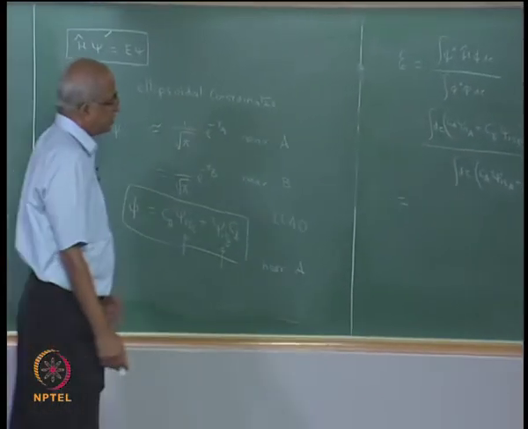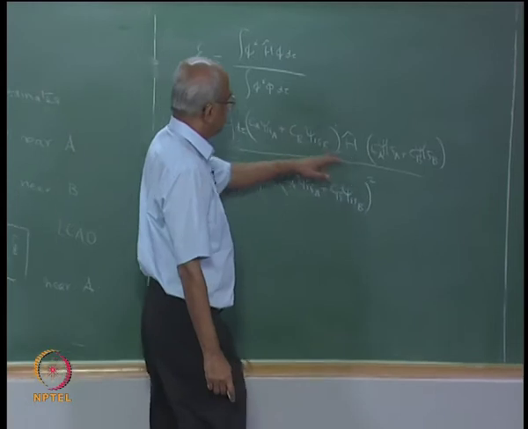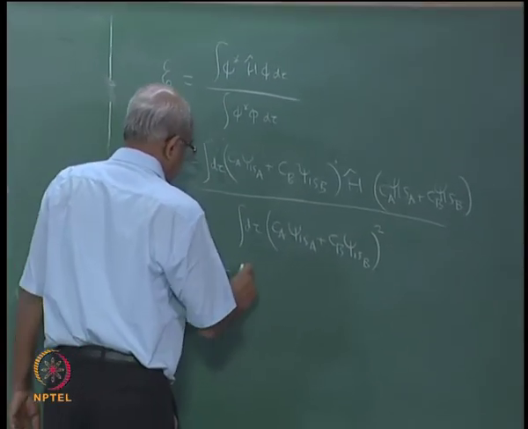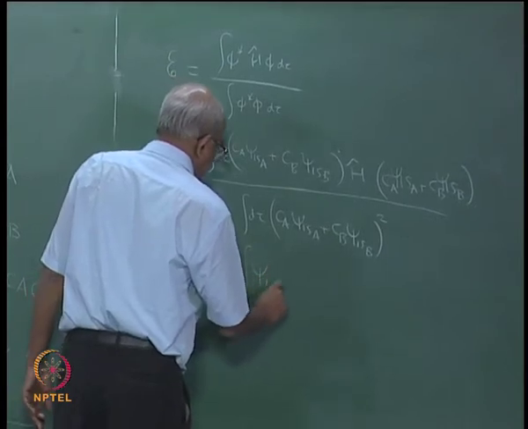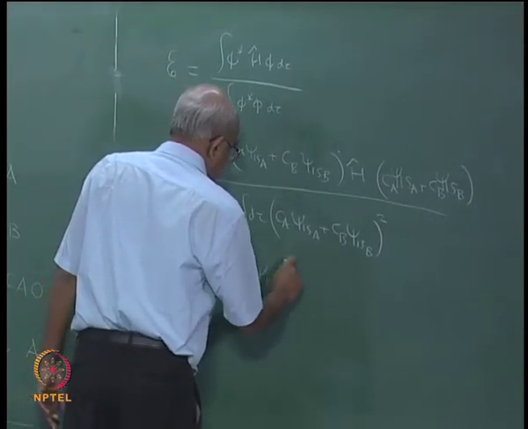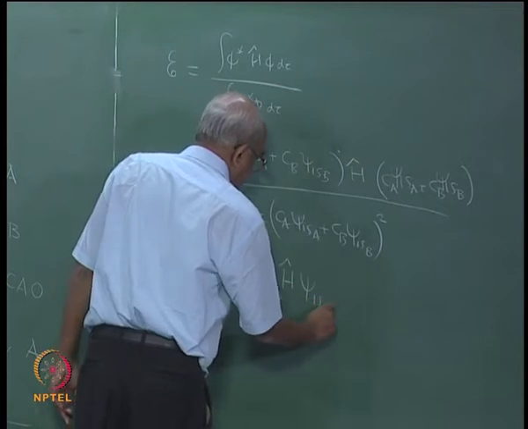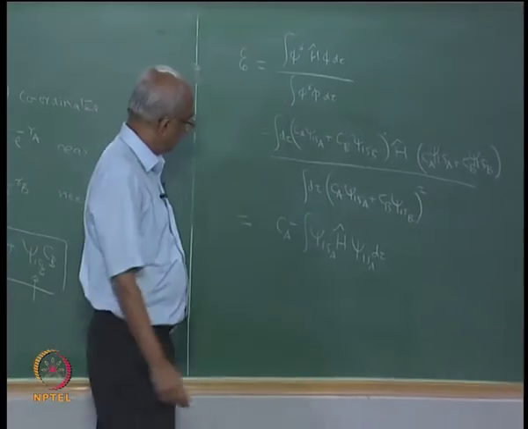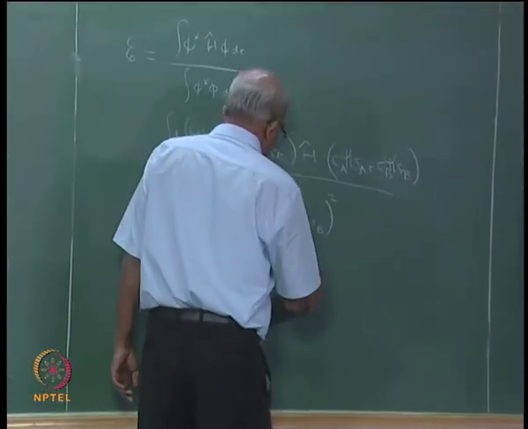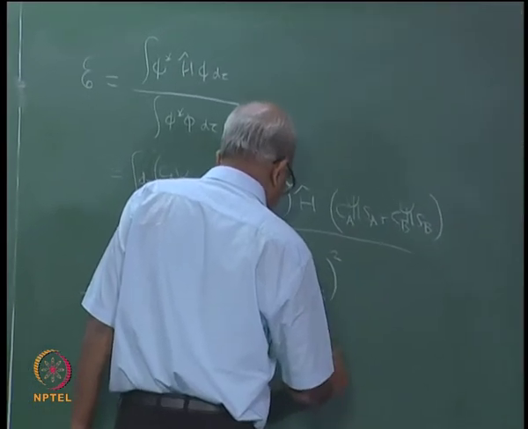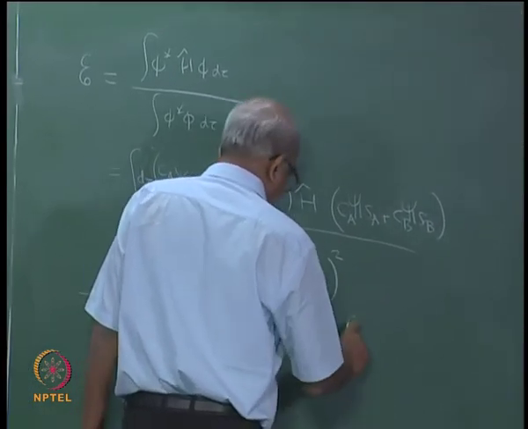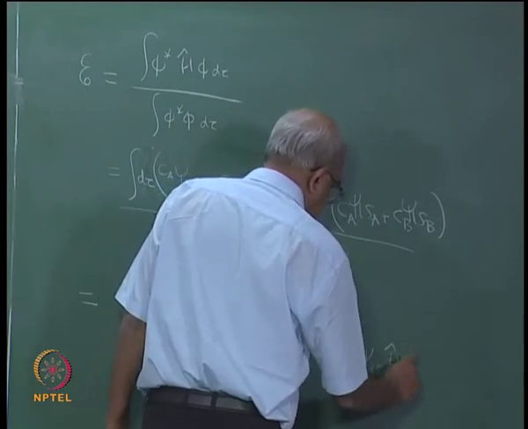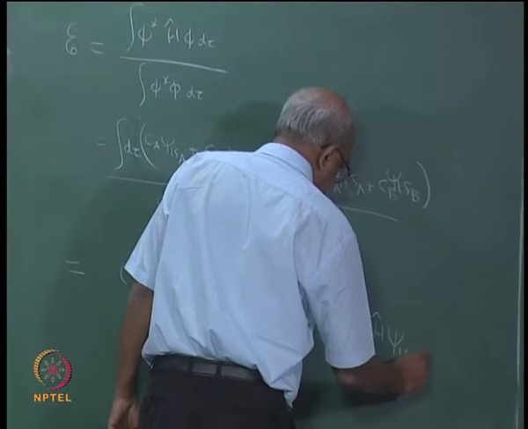So, if you multiply this, you will have this into that. So, you will actually get Ca square, that will be the first term, integral psi 1s a h psi 1s a d tau. You will get a similar term from 1s b, so you will get Cb square integral psi 1s b h psi 1s b d tau.